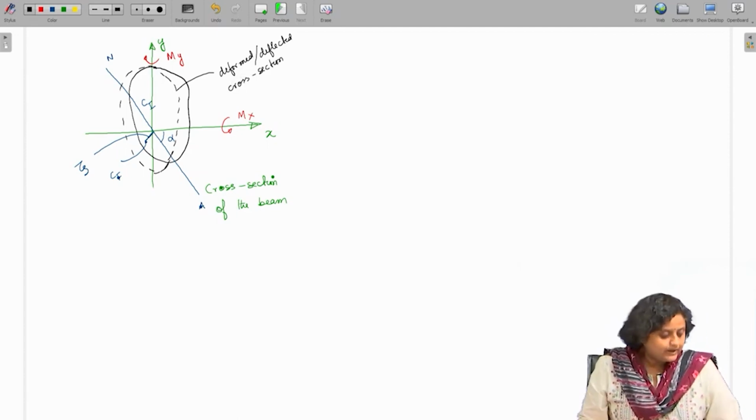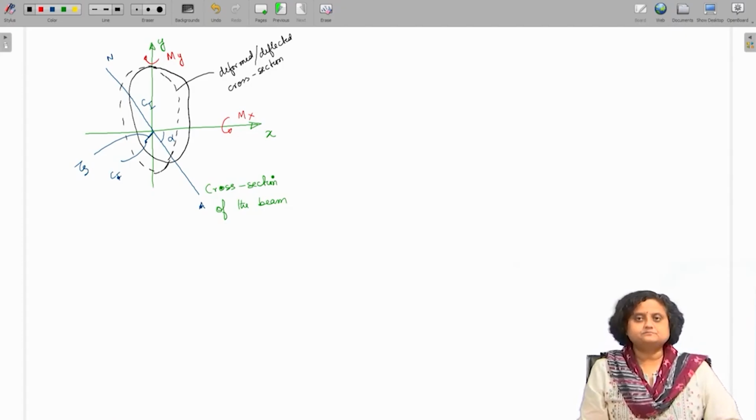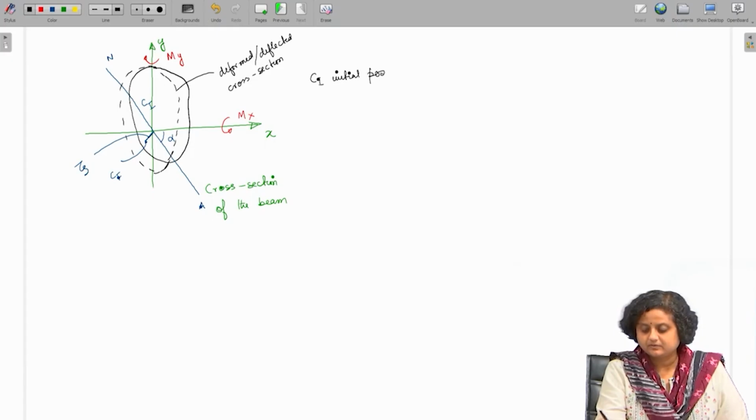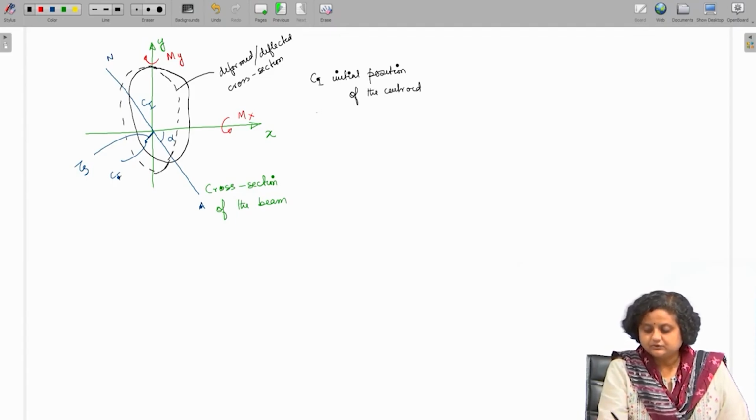So, Ci is the initial position of the centroid, and Cf is the final position of the centroid.